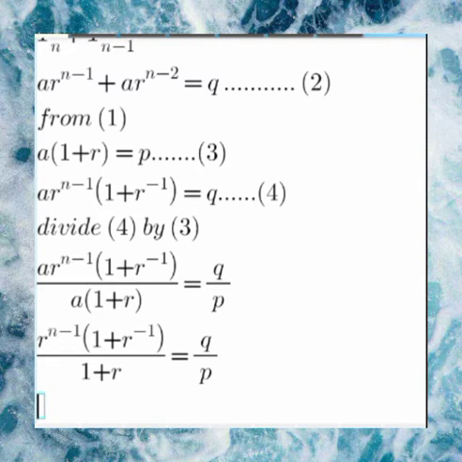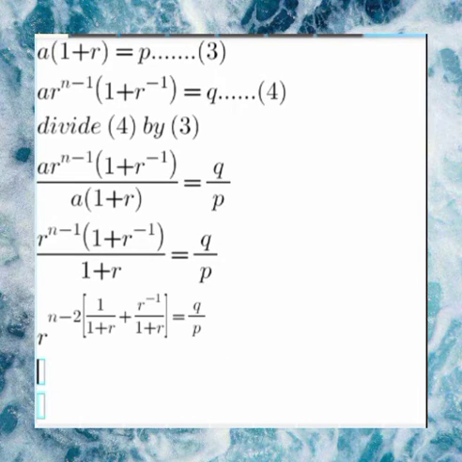Now the next thing I'm going to do is to separate the terms inside the brackets on the left hand side into partial fractions. So I'm going to have r raised to power n minus 1 into 1 divided by 1 plus r plus r raised to power minus 1 divided by 1 plus r. So let's go, we have this.